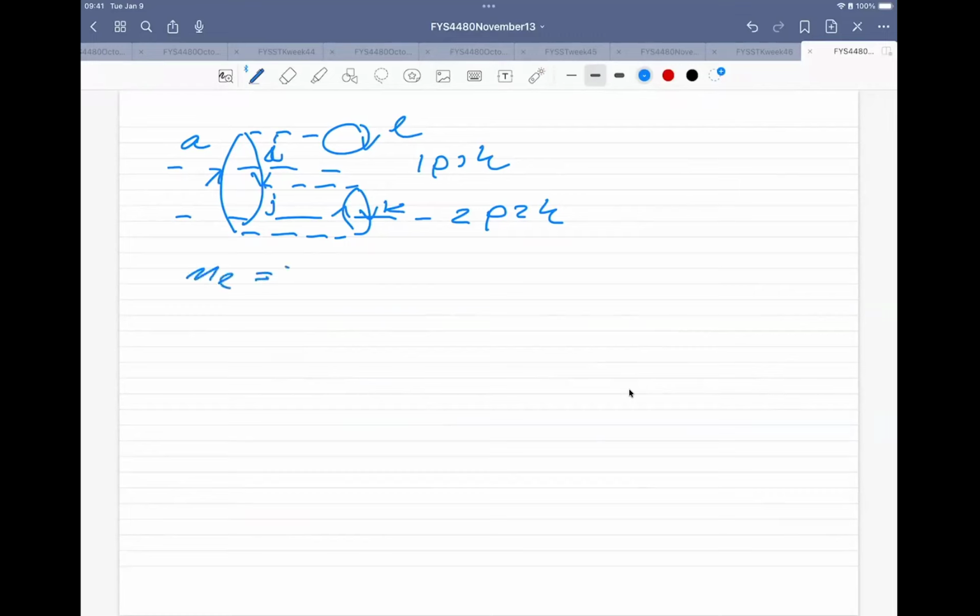So the loops are this one, and that one. And then we have 1, 2, 3, 4 whole lines. So that gives us n equal holes equal to 4. So we're going to have -1 to the power of 7, which is -1.